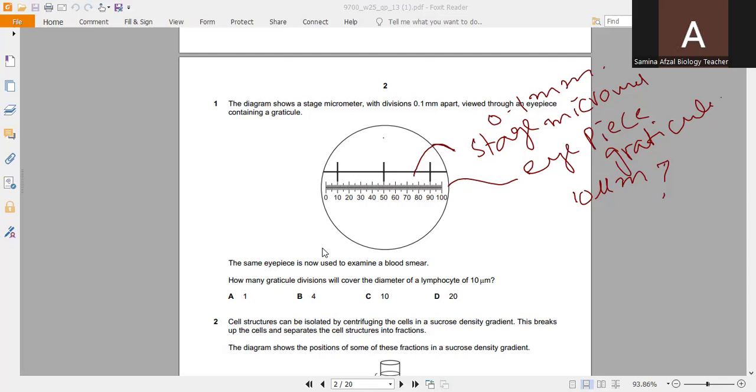So 50 minus 10 is equal to 40 graticule units, divisions or units as well.